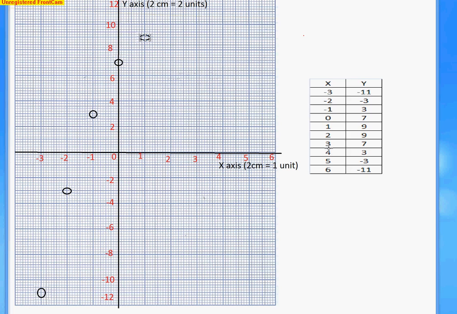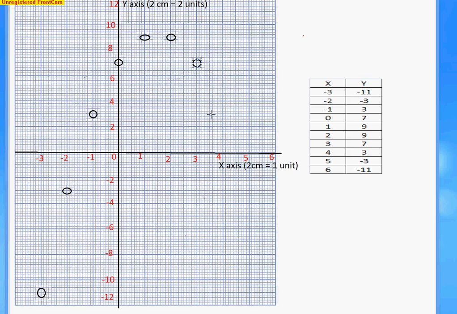When x is equal to 2, it's also 9, so it's this point here again. X is equal to 3, y is equal to 7, so we come back to this point here. X is equal to 4, y is equal to positive 3.